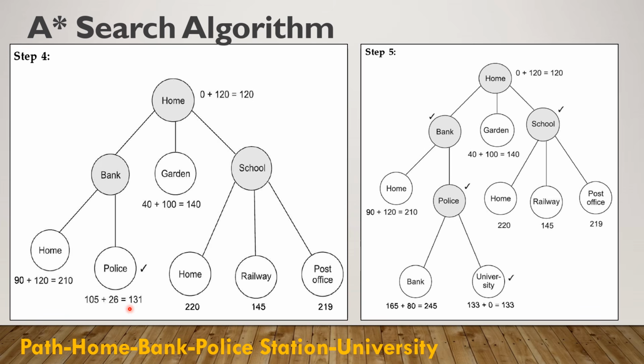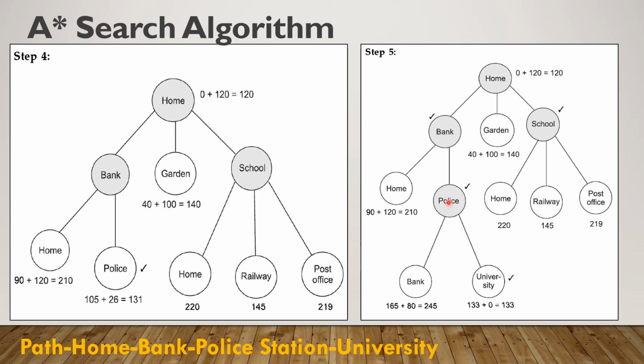So we further expand the police station path: home to bank, bank to police station. Police station is connected with bank and with university. At the bank location, the f of n value is 245. At the university, we already know h of n value is equal to 0. So 133 plus 0, 133.